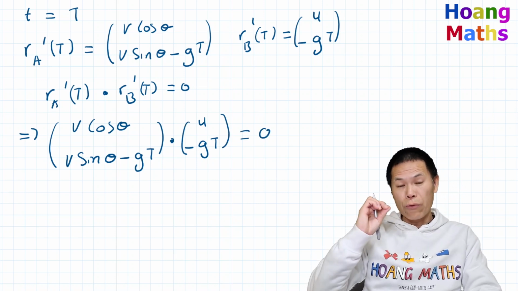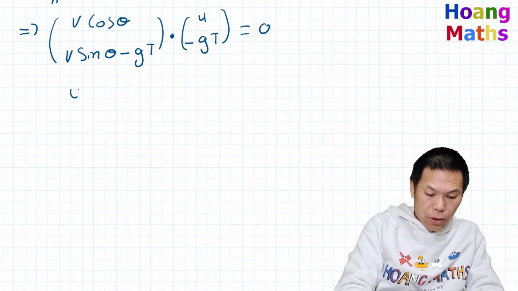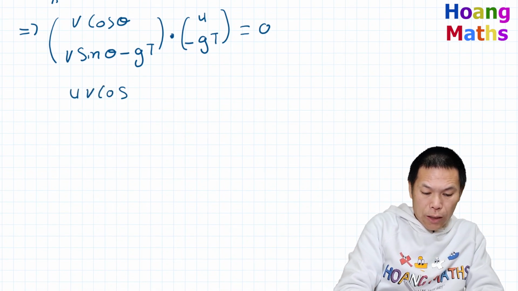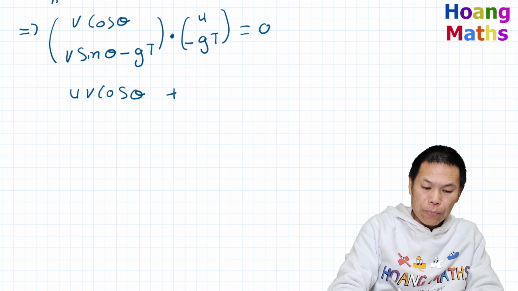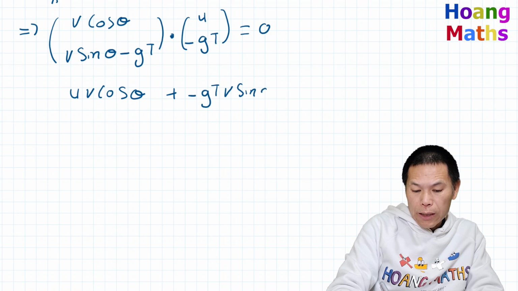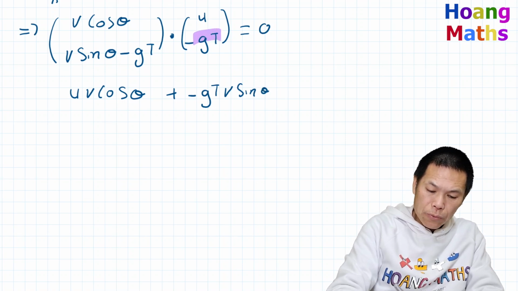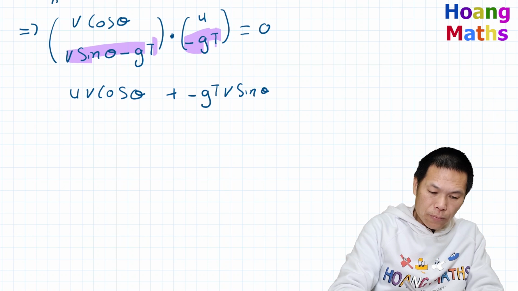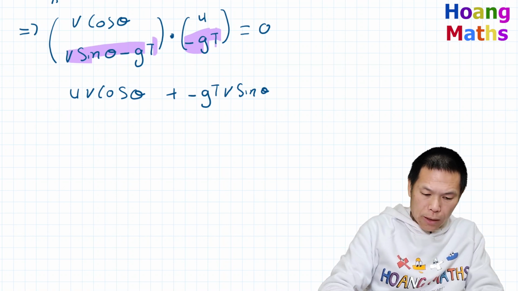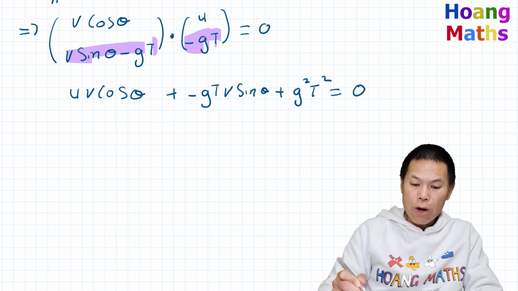So we just need to solve for this. So that becomes uv cos theta. We add negative gT times v sine theta. Don't forget, we just multiply this with this. So that is plus g squared T squared is equal to 0.